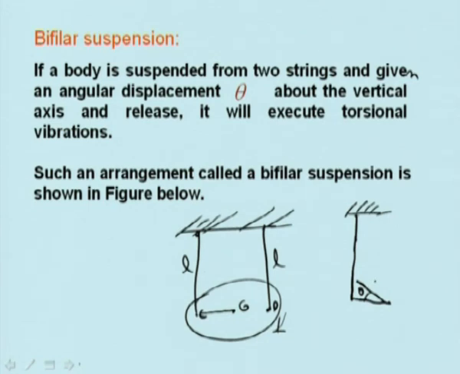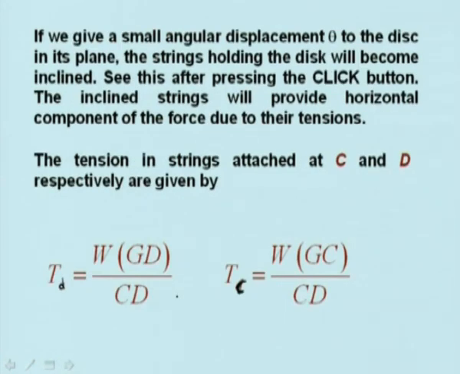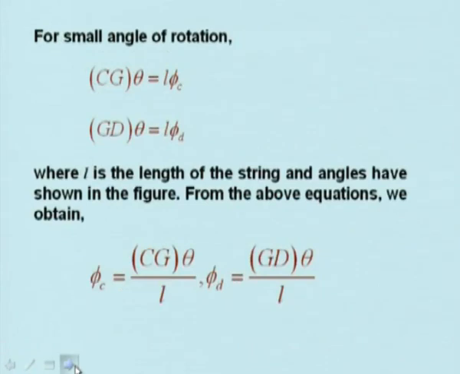So the displacement will be r theta, and this is the height. Then phi is basically r theta divided by L. So W GD by TC is equal to this one.